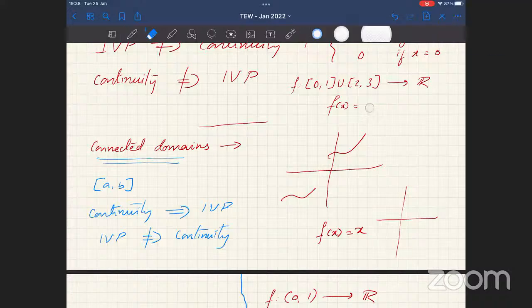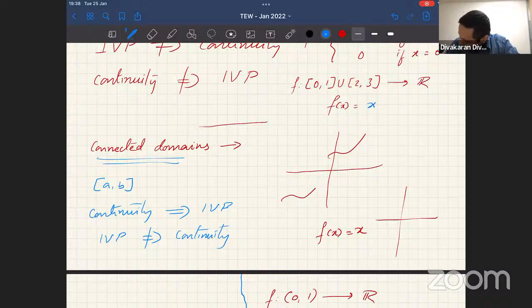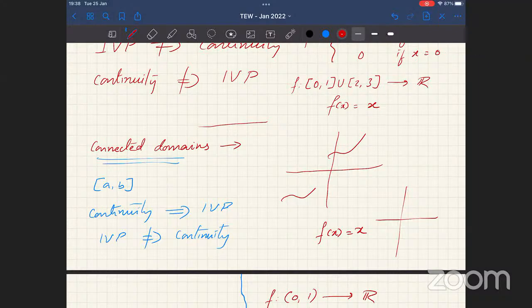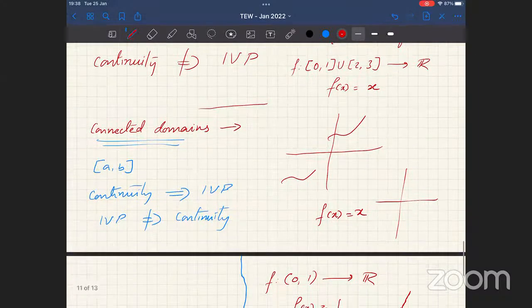Sorry, I said this wrong. I should have written x. My bad, thanks for pointing it out. This does not satisfy IVP. I wrote it wrong. Of course, if it's a constant function, then it certainly satisfies IVP. Thanks a lot for pointing it out. No, sure, sir. Thank you.